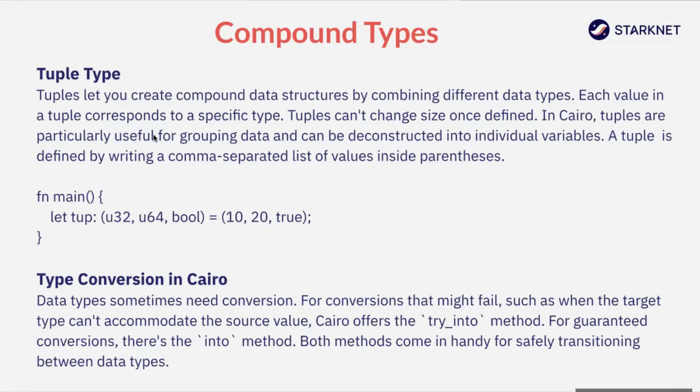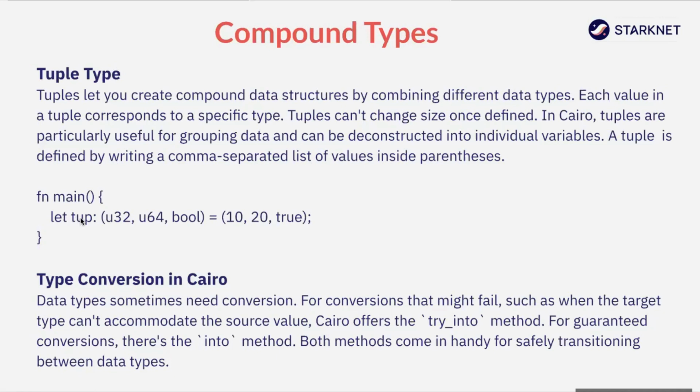In Cairo, tuples are particularly useful for grouping data and can be deconstructed into individual variables. A tuple is defined by a comma separated list of values inside parentheses. This is just a definition of a tuple.